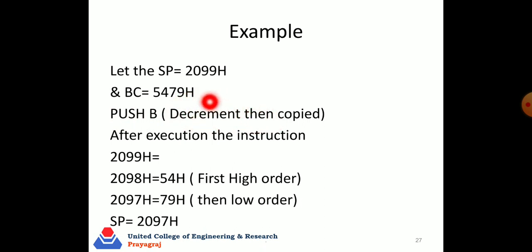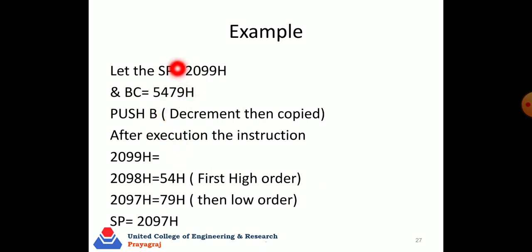What is the meaning of decrement then copy? It means whatever the value of the stack pointer, first it is decremented by 1, then the value of the high order register is copied to the stack, then again it is decremented by 1 and then the value of the low order register is copied to the stack.